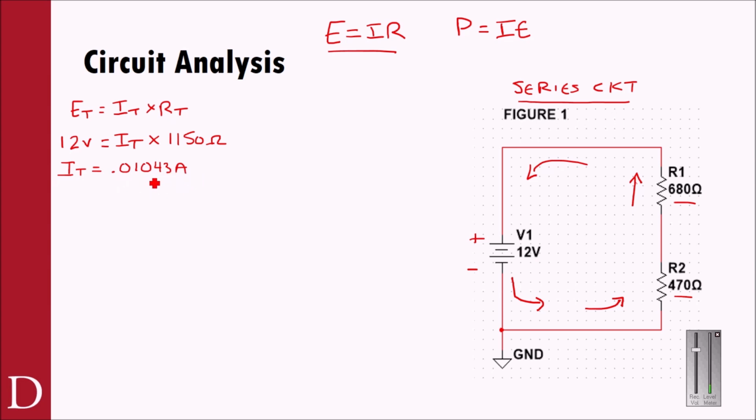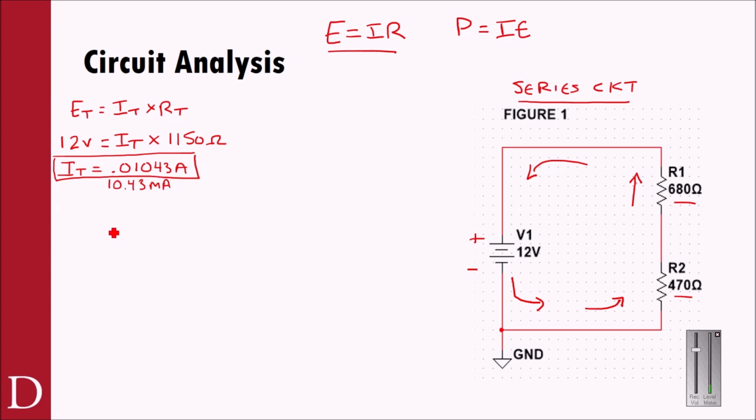In my world, I'd probably prefer to see this as 10.43 milliamps, but I'll be fine with you going out 3 or 4 decimal places to show your work for the total current. So this is one of the things that's important for us to be able to solve, our total current.